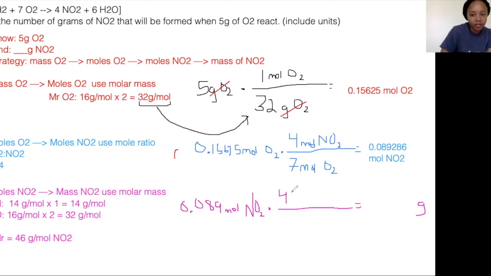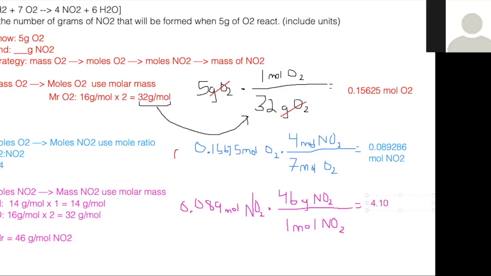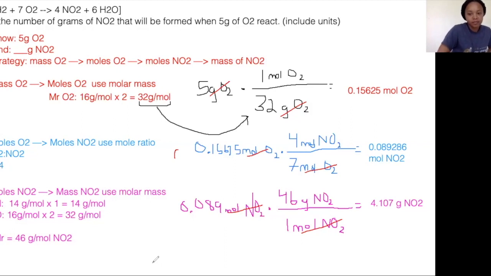So I'm going to put my 46 grams of NO2 on the top, and 1 mole NO2 on the bottom, because it's grams per mole. Then we just put that in our calculator, and our units, and that's it.